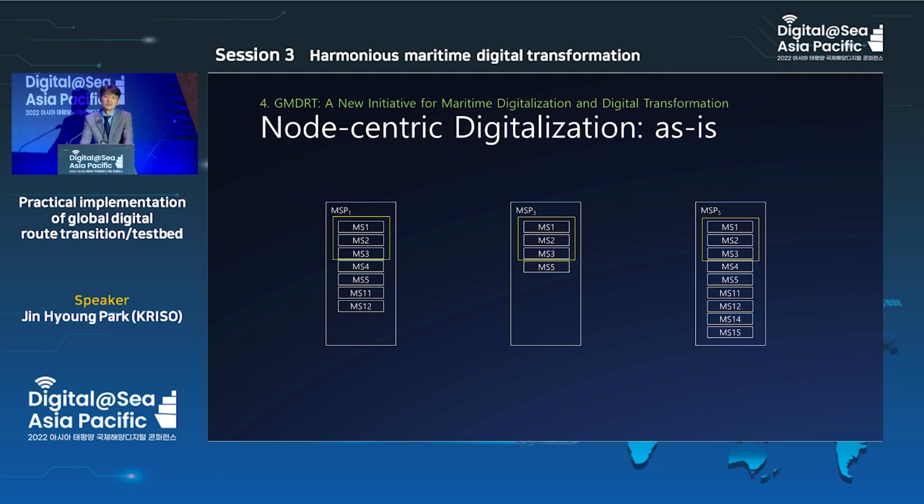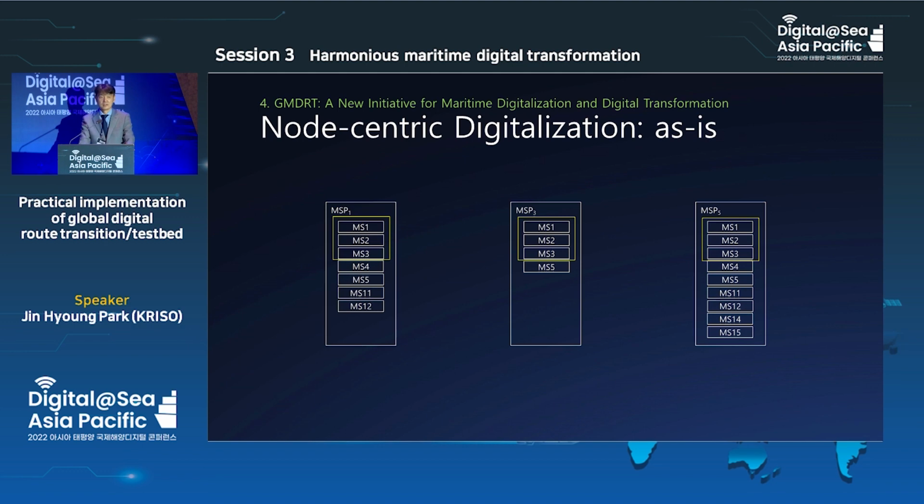Testbeds so far have been node-centric. That means the testbed is dedicated to some country or some region. The country or region could have its own portfolio for its maritime services. So we could see that smart navigation also has its own maritime service portfolios, six portfolios.